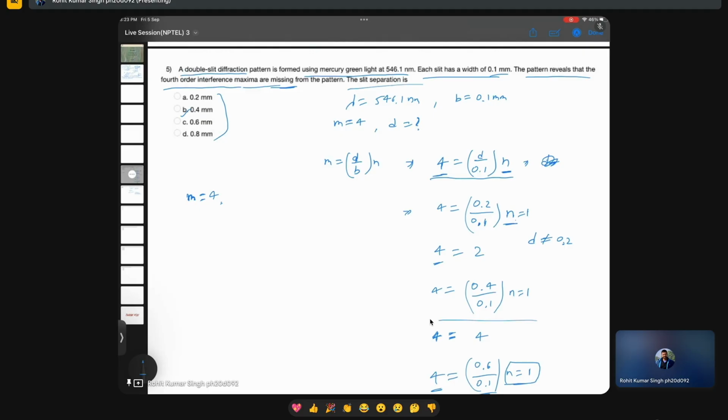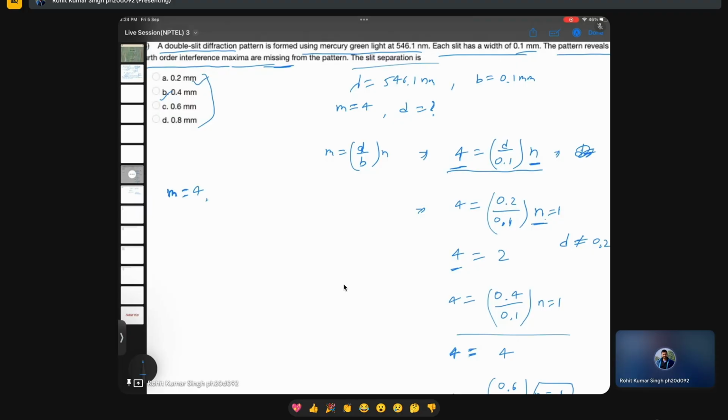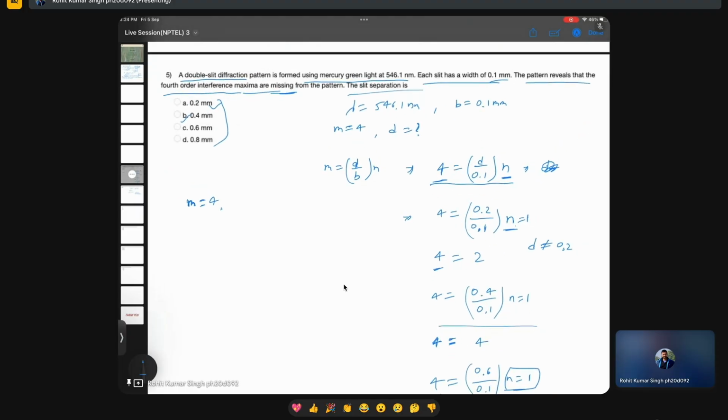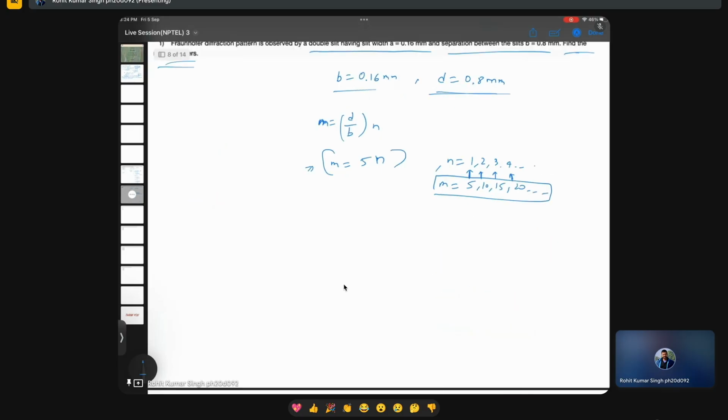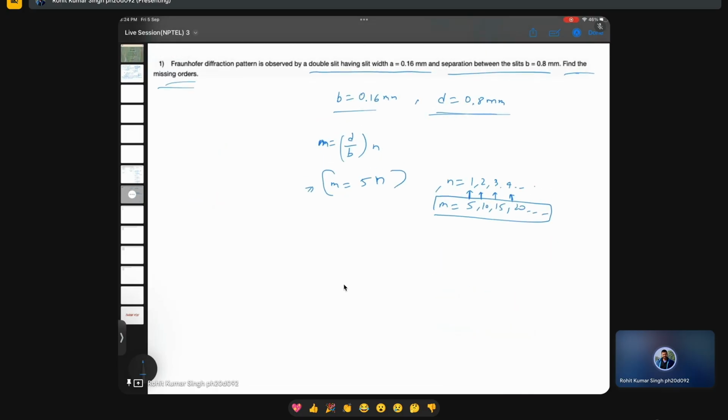That will work. If the problem had said that fourth order is coinciding with the second order diffraction minima, then we would take n equal to 2 and the answer would be 0.2 mm, but that is not given, so we have to assume n equal to 1. Just keep that in mind.